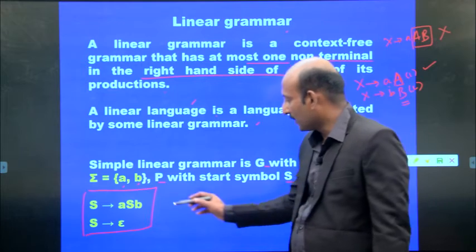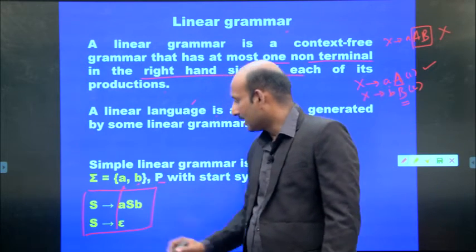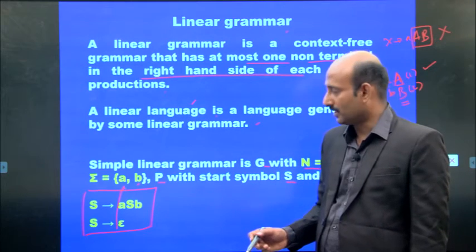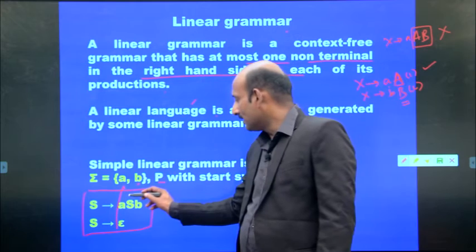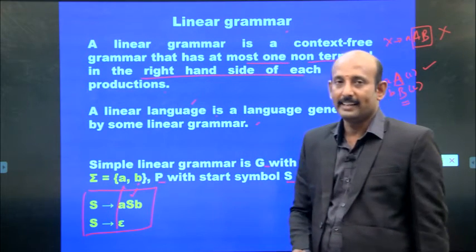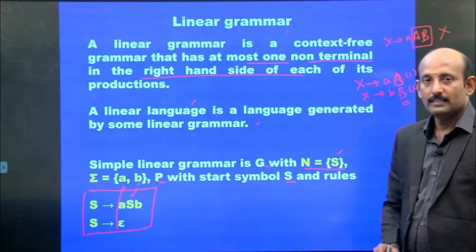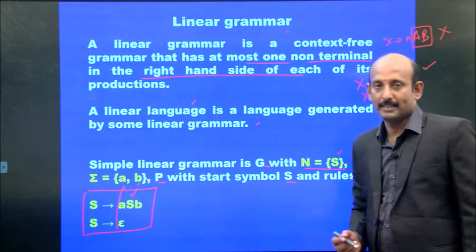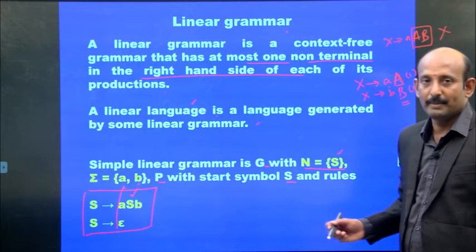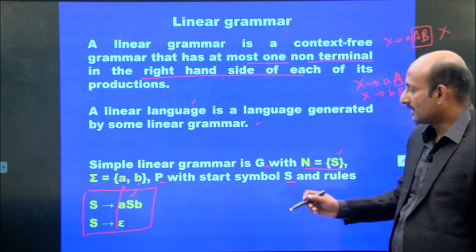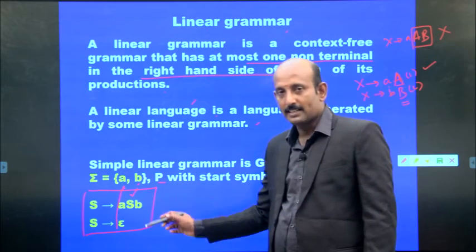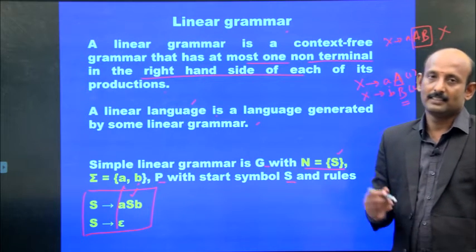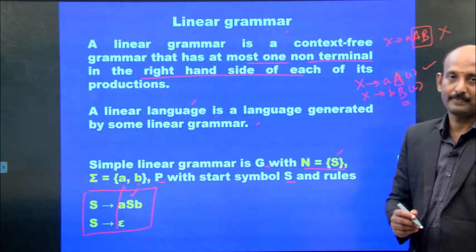The right hand side of each production has at most one single non-terminal S. So the grammar is said to be a linear grammar because the right hand side of its productions contains at most one single non-terminal symbol.